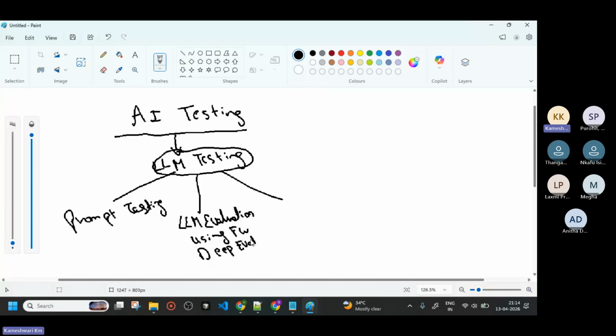We can make our own custom frameworks as well, or go with the DeepEval framework, which has some patterns for how we test. And the third one is RAG, which is the integration of the LLM evaluation framework.